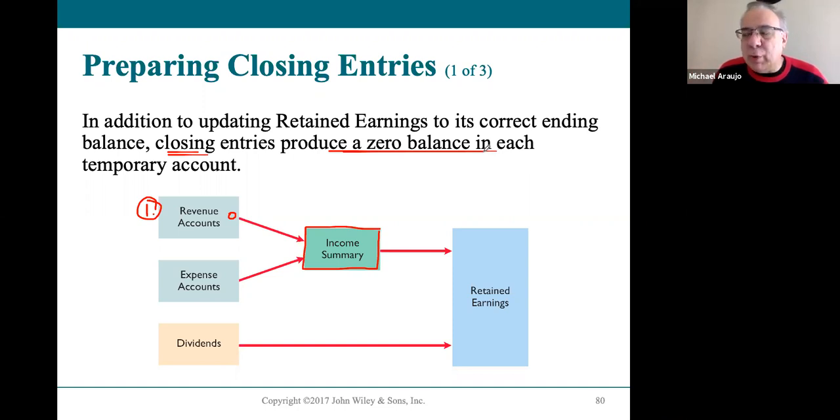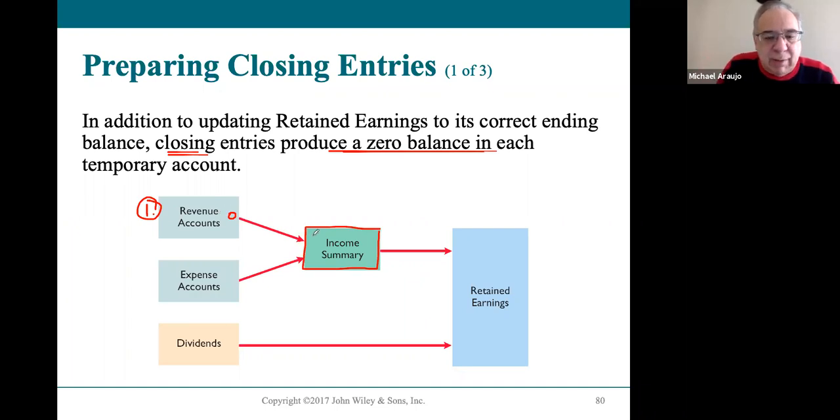So it's almost like you put $100 in your savings account, and then you took $100 out of your savings account. That's how you get it to zero, right? So for a revenue account, to get it to zero, we have to debit the revenue account because the revenue account has its balance sitting on the credit side. So to get that account to zero, as you'll see, we're going to debit it.